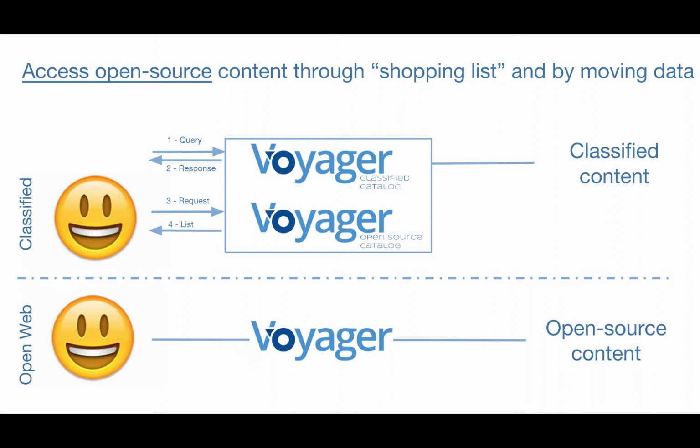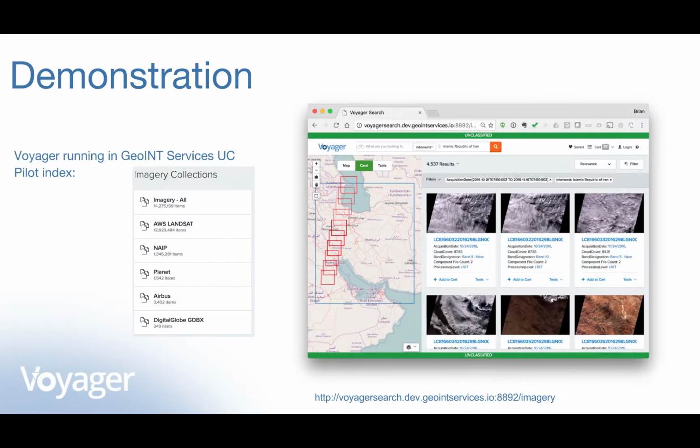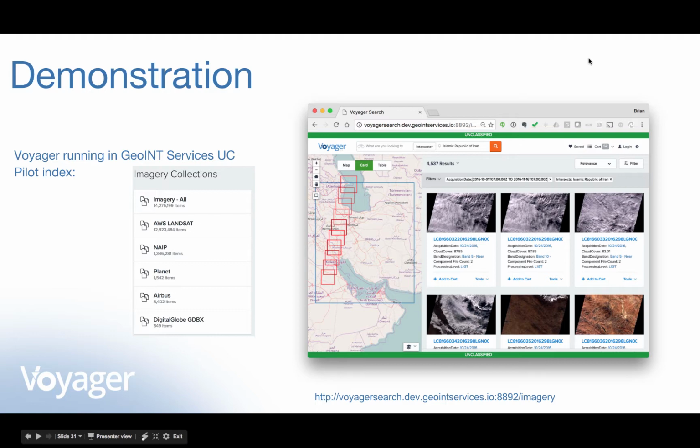We provide them a list of the items that they're interested in from open source resources. And then, using that list, the person, or we can use existing systems, to source that content from the open source system, take that shopping cart, collect the files, and then simply move that data up into the classified environment. So next, we'd like to show a quick demonstration.